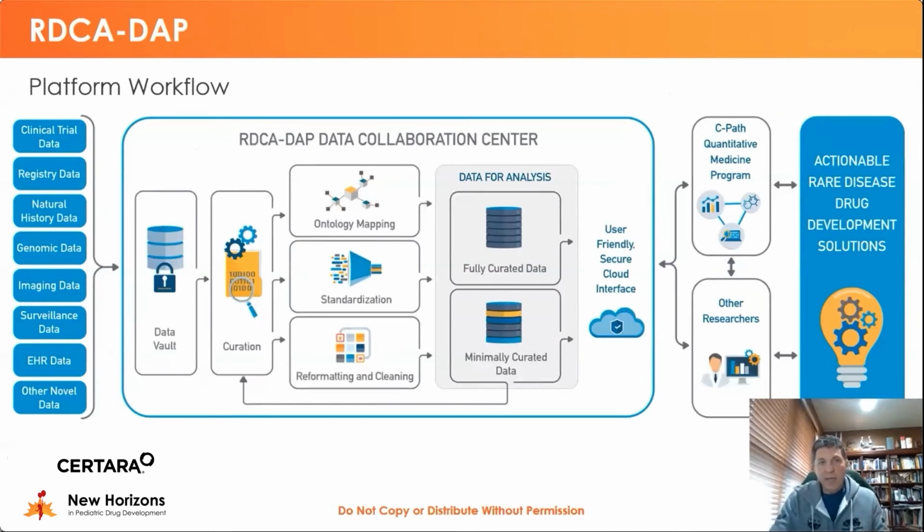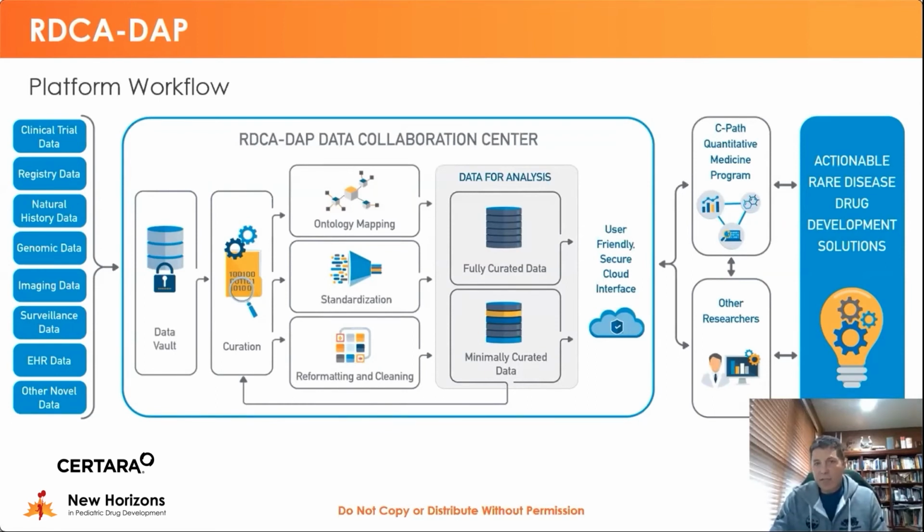So this slide illustrates in a similar manner the workflow, showing on the left-hand side the diversity of data types that we expect to accumulate in the platform, and then the process and workflow of providing good security around the incoming ingested data in the data vault. A level of curation is accomplished from our data collaboration center in partnership with the platform developers Iridia.